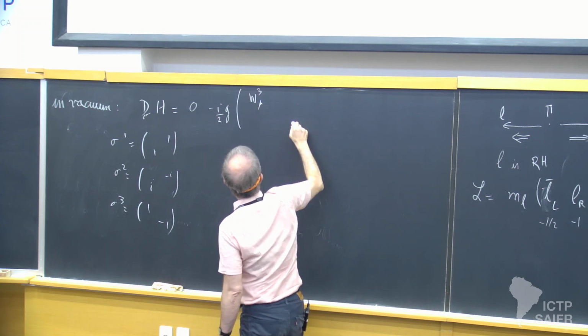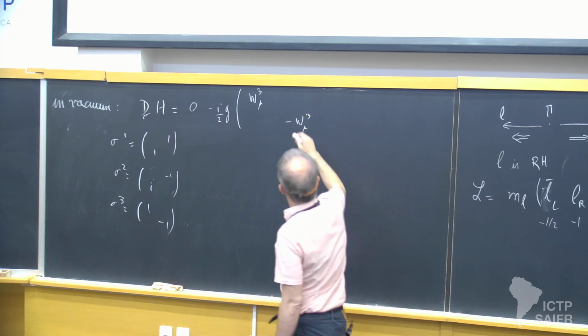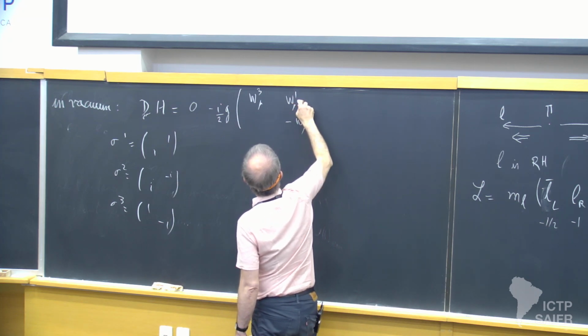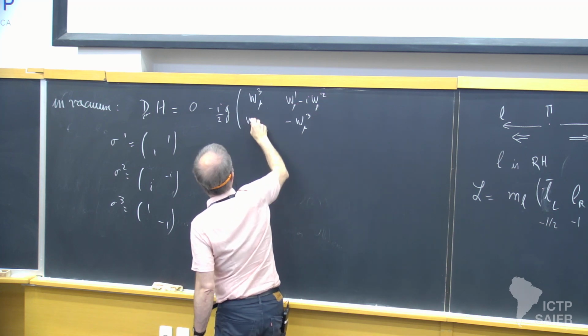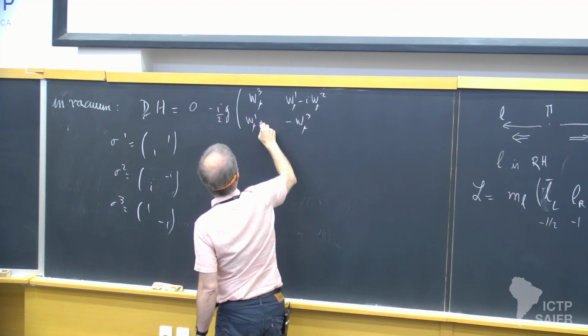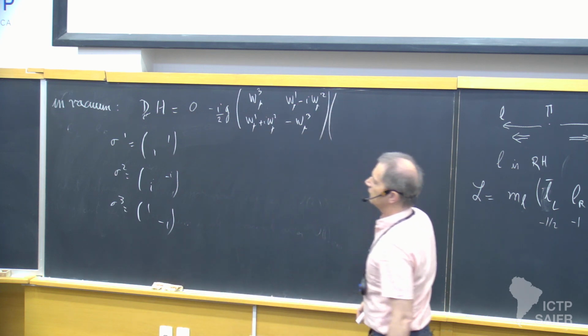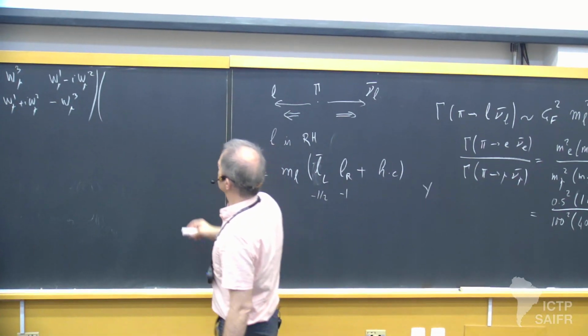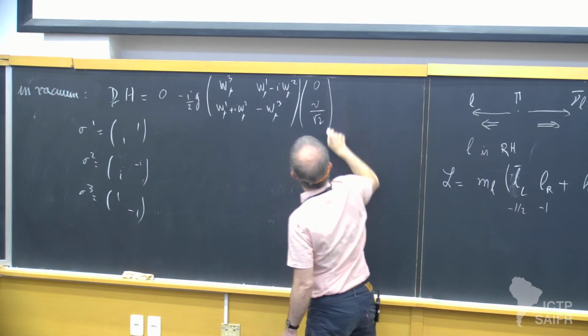This is W3 mu, minus W3 mu, W mu 1 minus I W mu 2, W mu 1 plus I W mu 2, right? And this is acting on the vacuum expectation value, so (0, V) divided by 2.